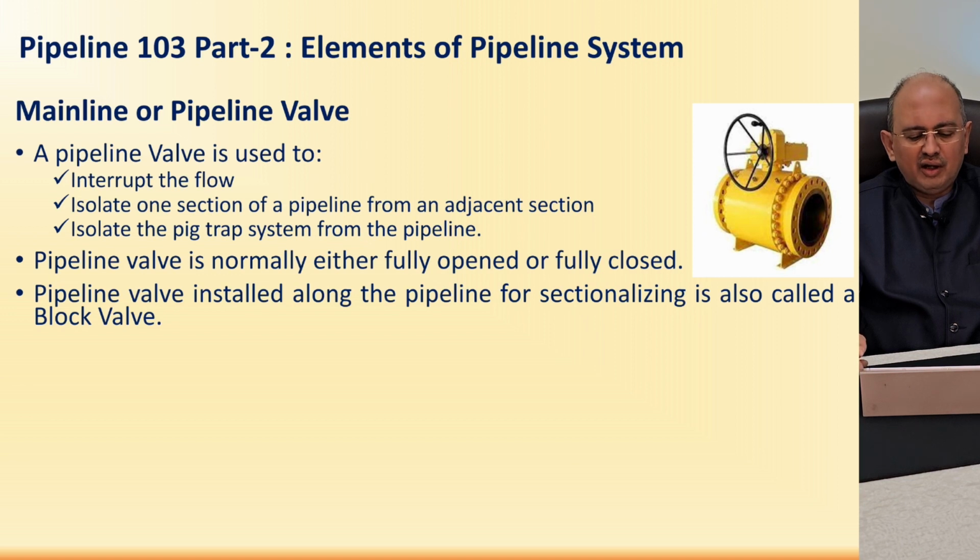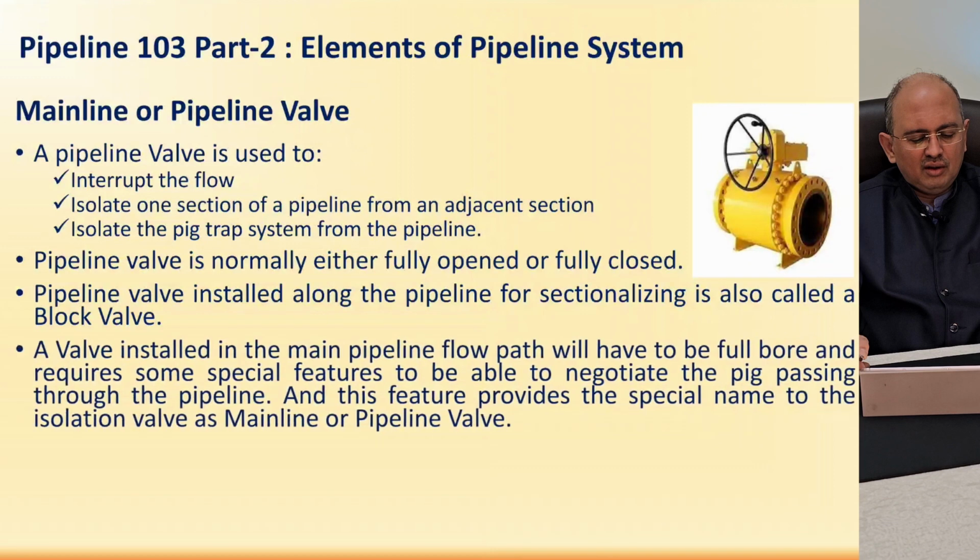Such valves installed along the pipeline for sectionalizing are also called block valves, and we design block valve stations around them with certain features, which we'll see in a future series. So what we have seen are the different types of valves in the system.